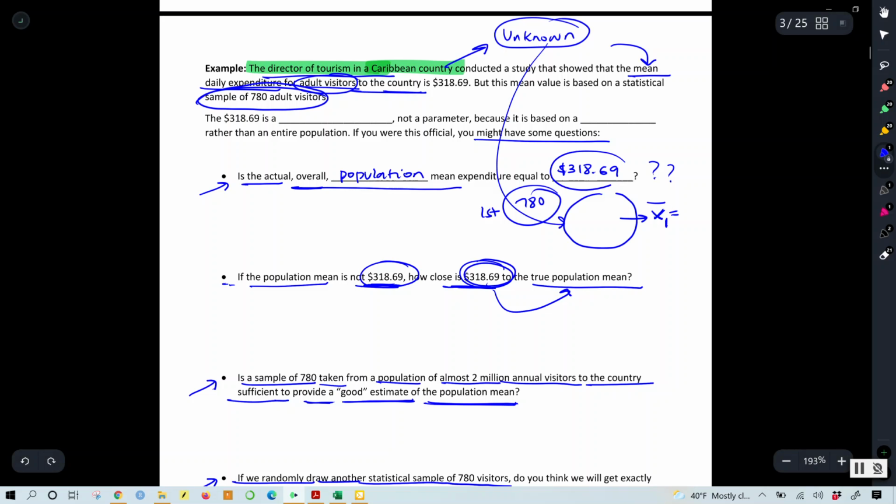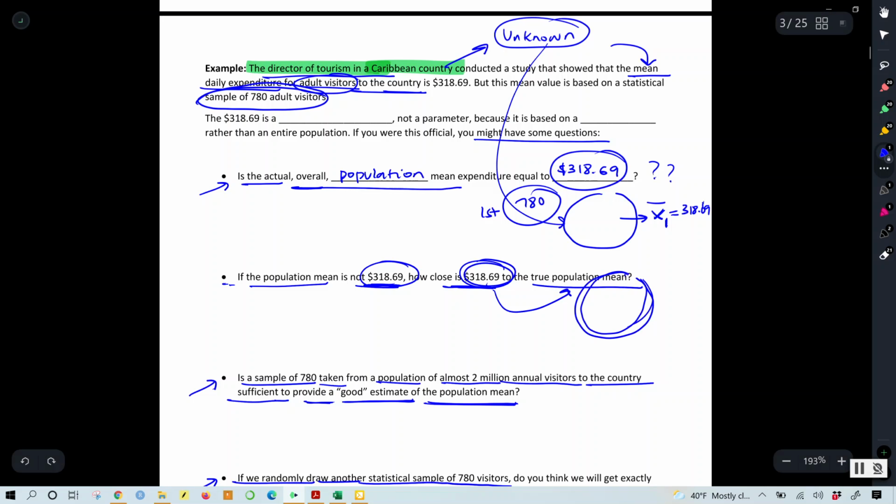Let's say that it was $318.69. Well, I won't stop there because I know that if I push back all of these people that I have in this first sample back into the pool, and I randomly draw another 780 visitors.